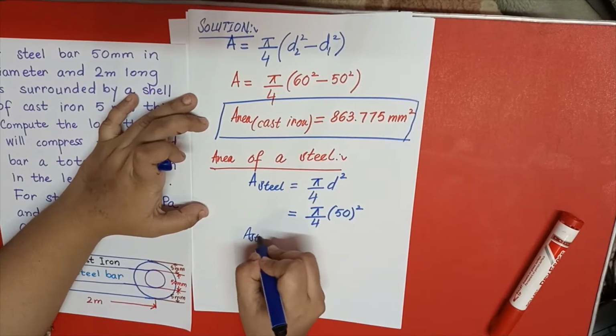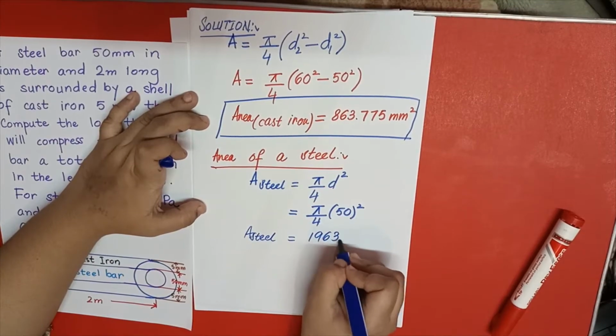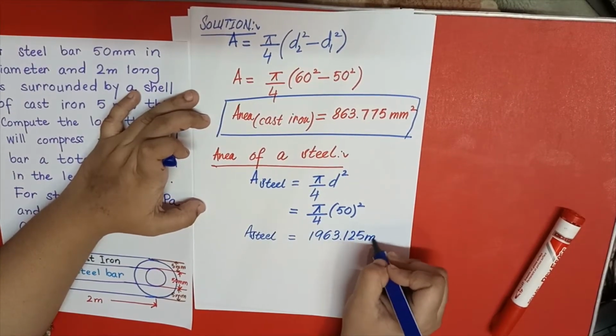So the area of steel comes out to be 1963.125 millimeter square.